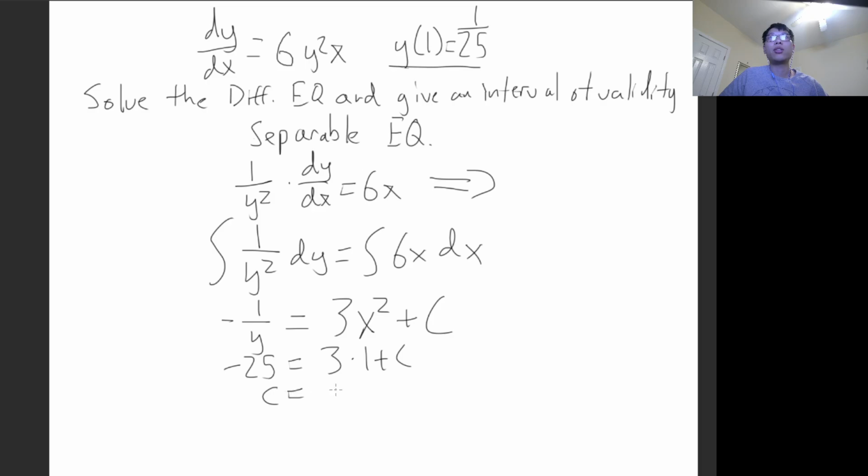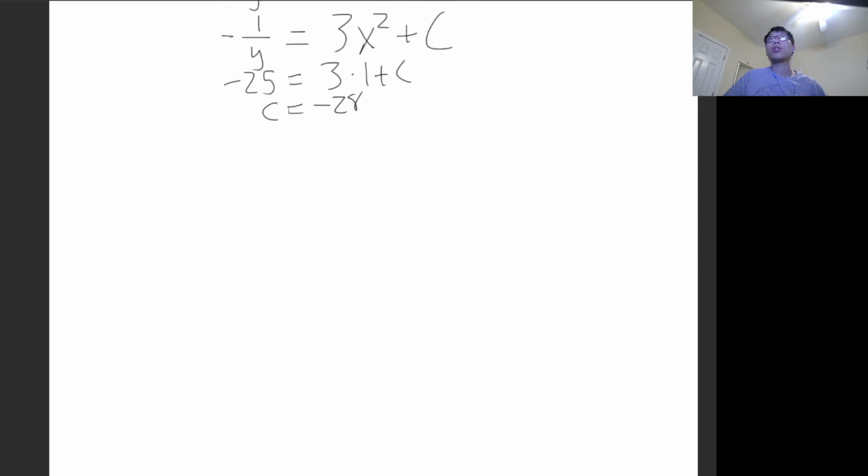So c is equal to negative 28. Okay. So our solution here, well, we have negative 1 over y equals 3x squared minus 28.